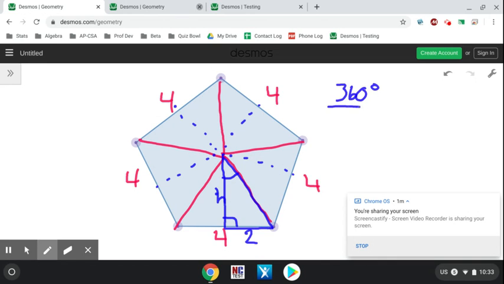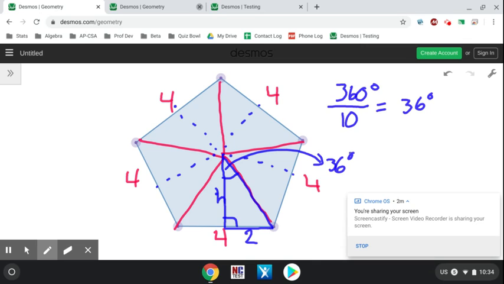So basically, I would have 360 divided by 10. And it is not a coincidence that that is the number of sides times 2, because each of your 5 sides would have 2 right triangles I could draw on each of those sides. So I've got 10 equal right triangles I could subdivide into, and each of them has an angle at the top of 36 degrees.